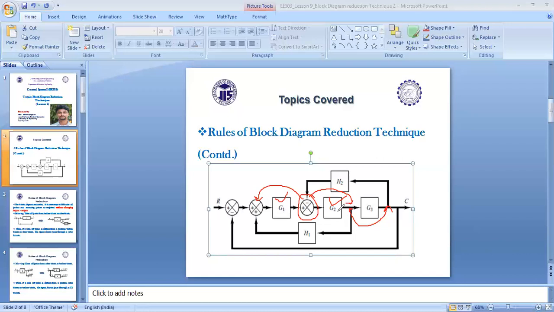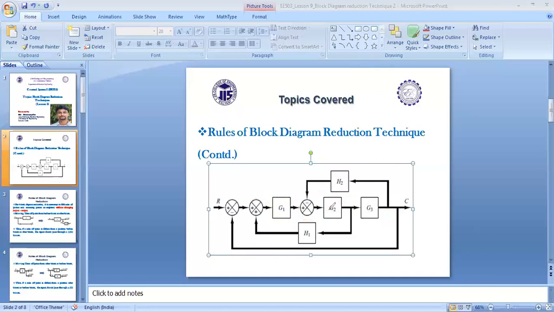If these two are connected in series, then overall transfer function can easily be obtained by making the product. If in between the two series connected blocks any one takeoff point is there or any summing point is there, then we cannot make the series connection between those two blocks as shown here.